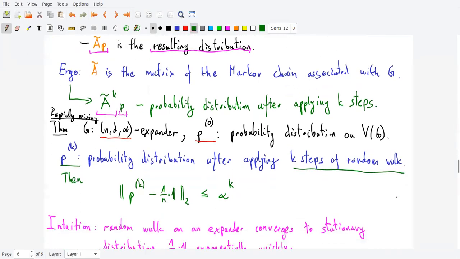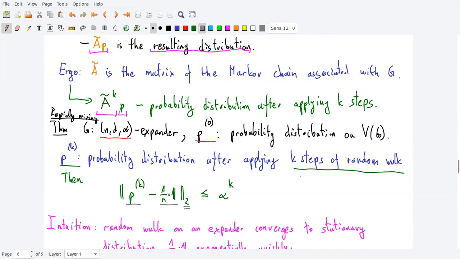Then I claim that in L2 norm, Pk, the probability distribution after K steps, converges to the stationary distribution, the distribution where every vertex has probability 1/n. It converges to this very quickly.